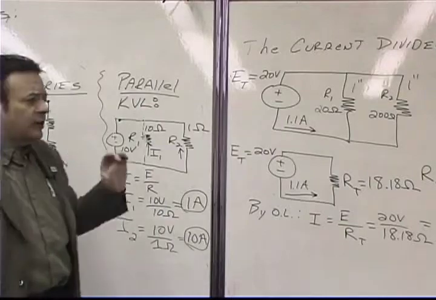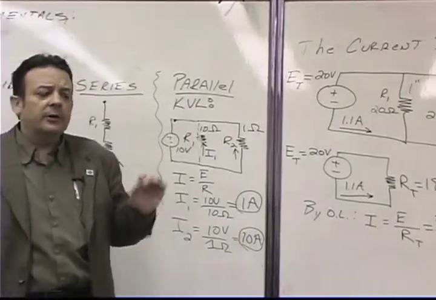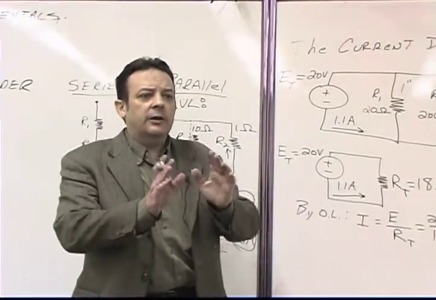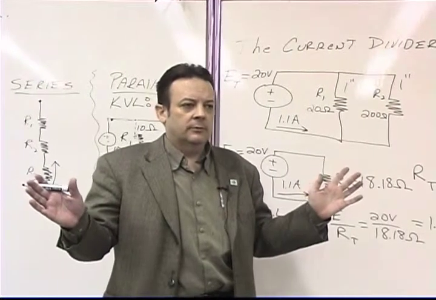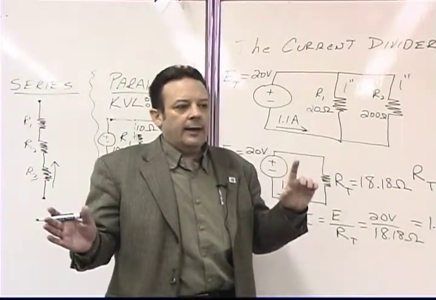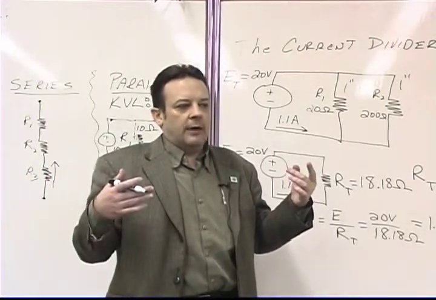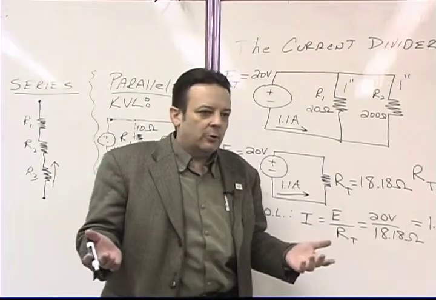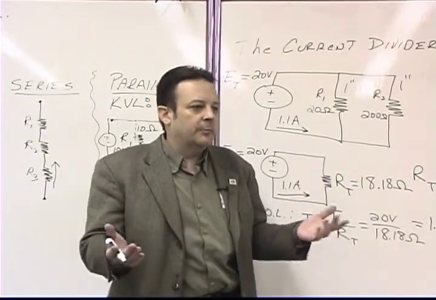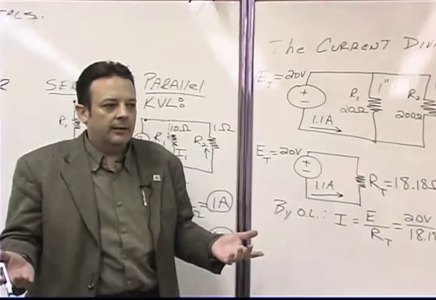okay, there's actually a couple of different ways that we can figure out how the current is dividing up, okay? One way is what I like to think of as the no-brainer way, or the simplest, or the most simplistic way, okay?